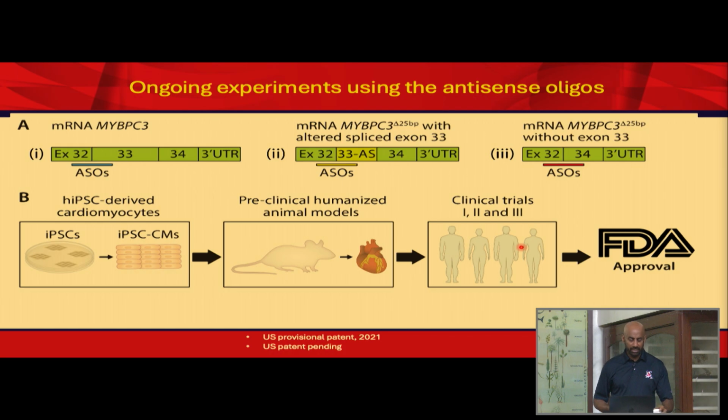Currently, we have iPSCs from human subjects, and I showed you the organoids. We also have the mouse model. Right now we are developing antisense oligos against the mutant or altered mRNA, which can be introduced into either cardiomyocytes or animals to remove the mutant mRNA for a beneficial effect.